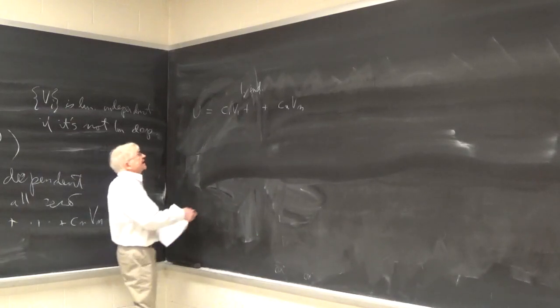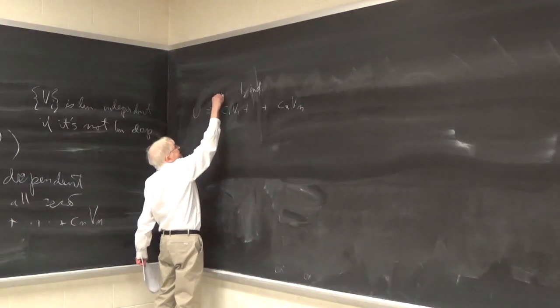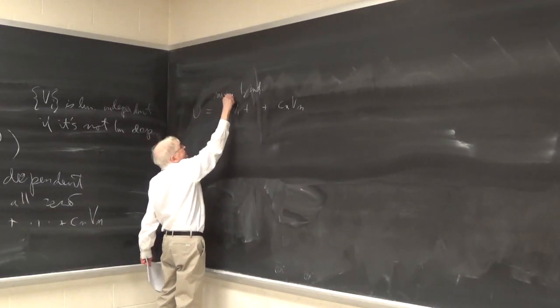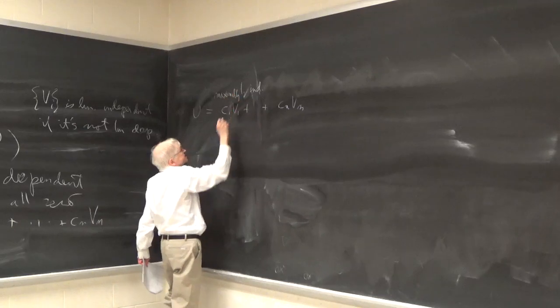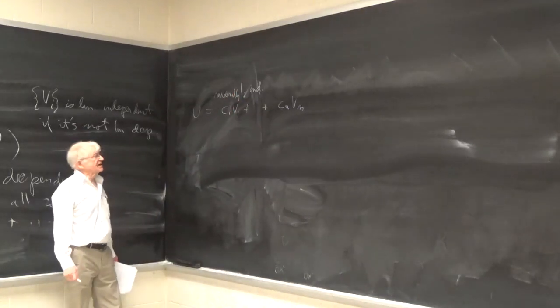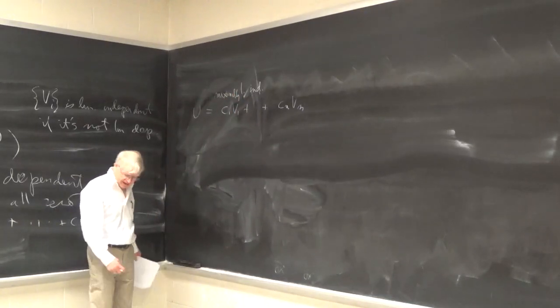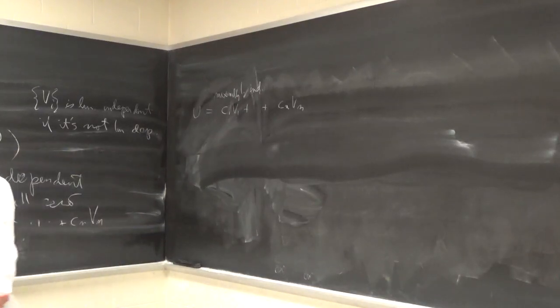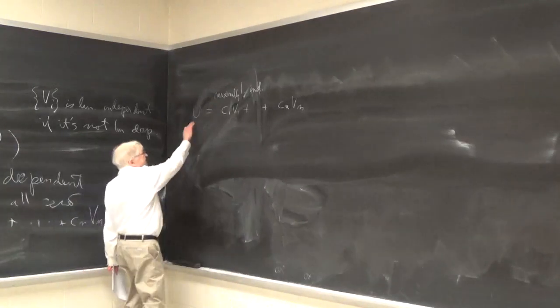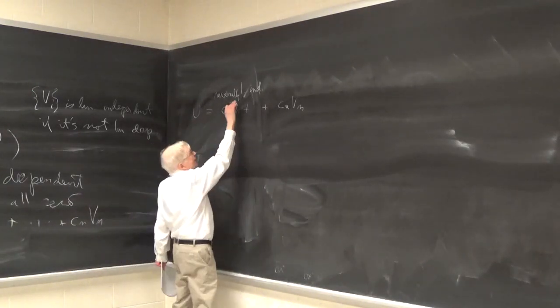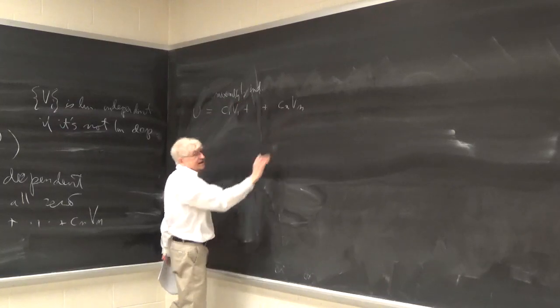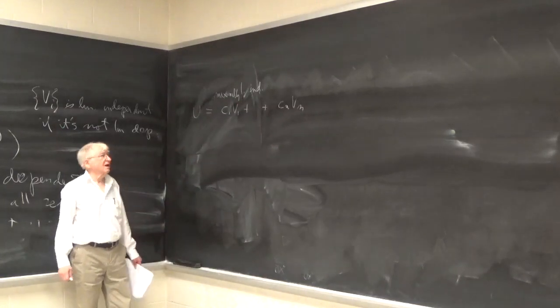The key thing here is maximal, or maximally. A maximally linearly independent set is one such that if you add any vector to it, the set becomes linearly dependent. And so in that case, you can write any vector in the vector space in terms of a maximally linearly independent set of vectors.